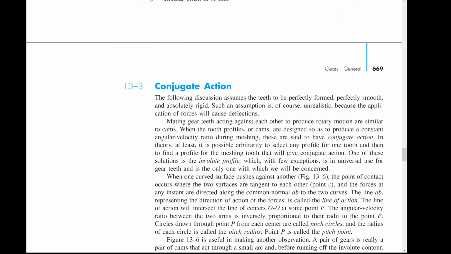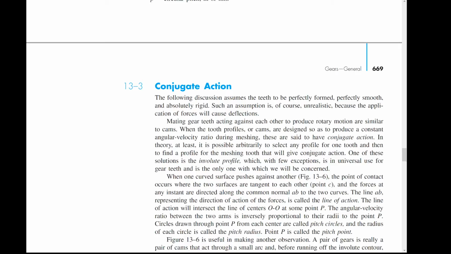13.3 Conjugate action. The following discussion assumes the teeth to be perfectly formed, perfectly smooth, and absolutely rigid. Such an assumption is, of course, unrealistic because the application of forces will cause deflections. Mating gear teeth acting against each other to produce rotary motion are similar to cams. When the tooth profiles or cams are designed so as to produce a constant angular velocity ratio during meshing, they are said to have conjugate action.